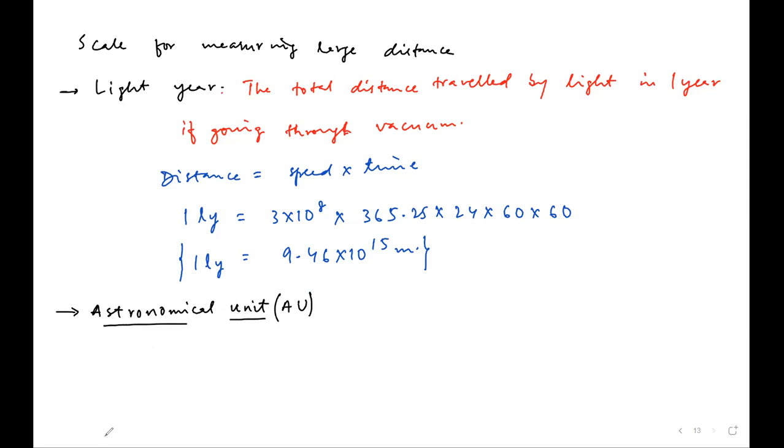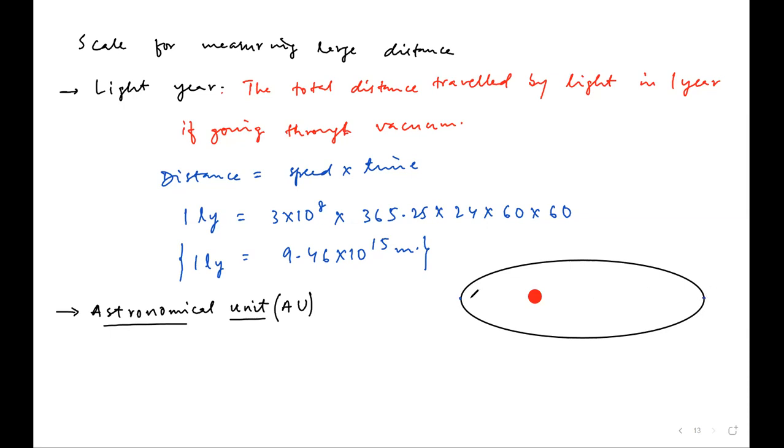Next is astronomical unit. You will learn in gravitation that planets revolve around the sun in elliptical orbit, for which sun lies at this point, one of the foci, and the planet will be at some point at this point and some other time at this point, and so on.